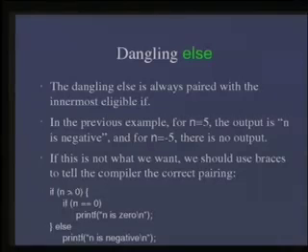So if this is the pairing we want, that this else should be paired with the outer if, then what we have done is that this if statement, which doesn't have a corresponding else, we have enclosed in braces, and now there is no longer that ambiguity of a dangling else, because this else cannot possibly be associated with this if, because this if statement is entirely within this set of braces, whereas this else is outside the braces. So now the program behaves as we expect it to behave.